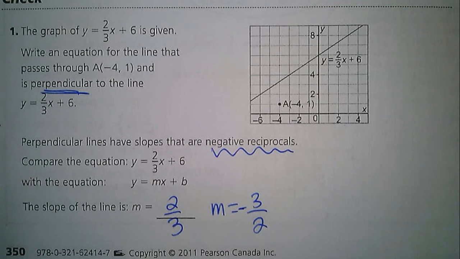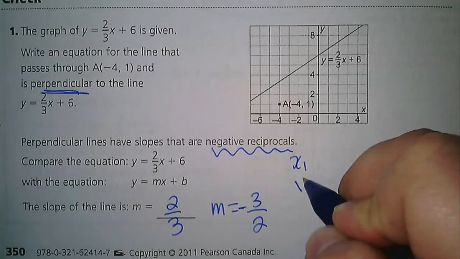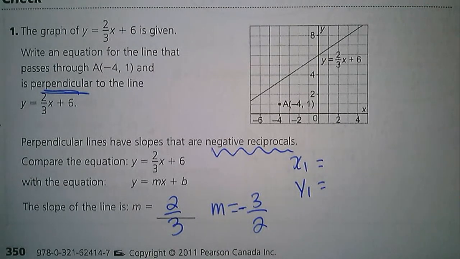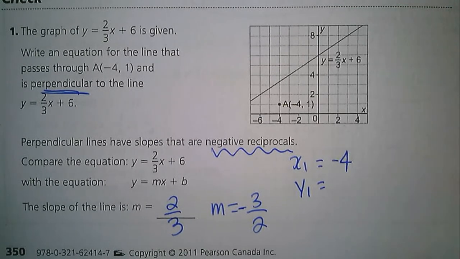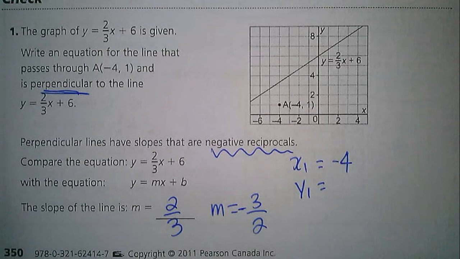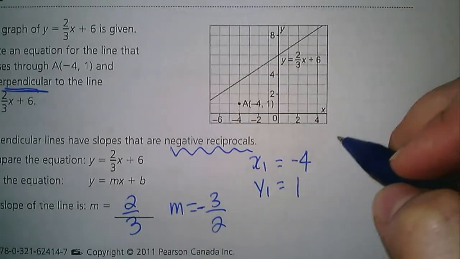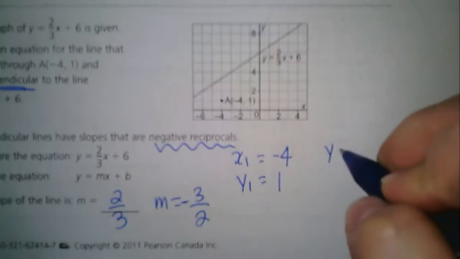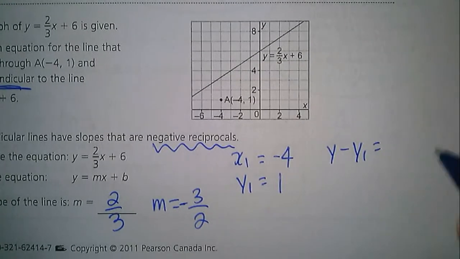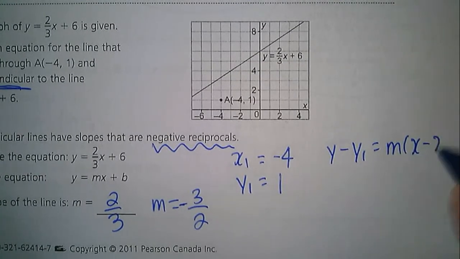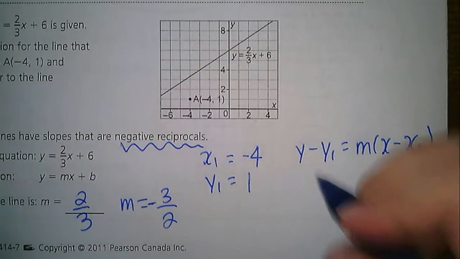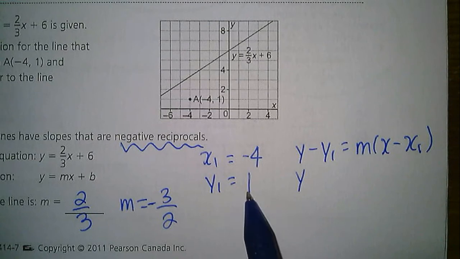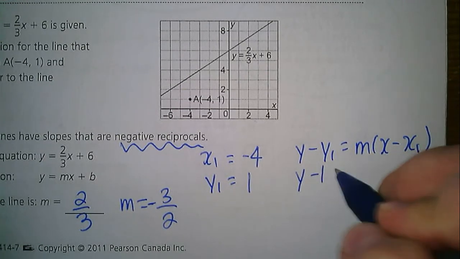The next thing we need to figure out is what is my x1 value, what is my y1 value, and then I can input it into the formula. X1 is -4, as I was given right above here. Y1 is a +1. And then I'm always going to start with this original form just so you can see y minus y1 equals m, x minus x1. So let's input our numbers now. Y, okay, that's a +1. That means this can be -1.